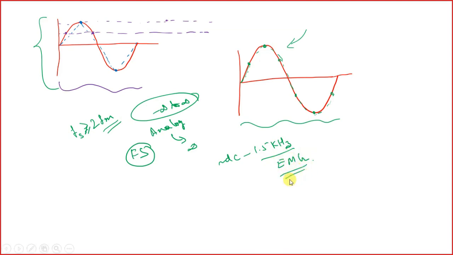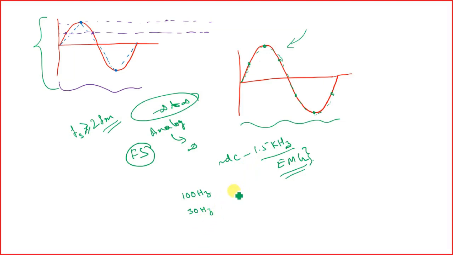EMG signals are electromyogram, the electrical signals generated from the muscles. It has a maximum frequency component of 1.5 kilohertz. If you come to ECG, the maximum frequency is approximately 100 hertz. If you come to EOG, electrooculogram, which is associated with the movement of the eyes, it has a maximum frequency component of 30 hertz.